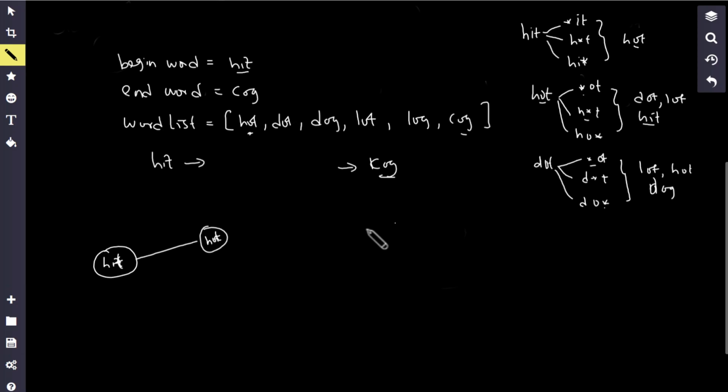And then, looking at this, since HOT is partnered with DOT, that means DOT must also be partnered with HOT, so this is an undirected graph. So we have this as DOT, and again DOT is connected to DOG.